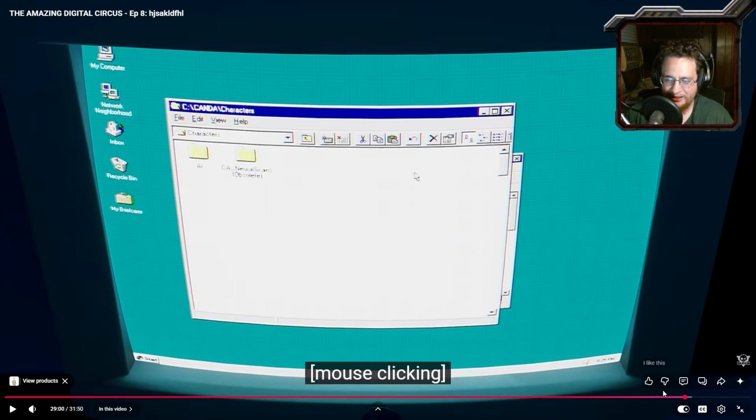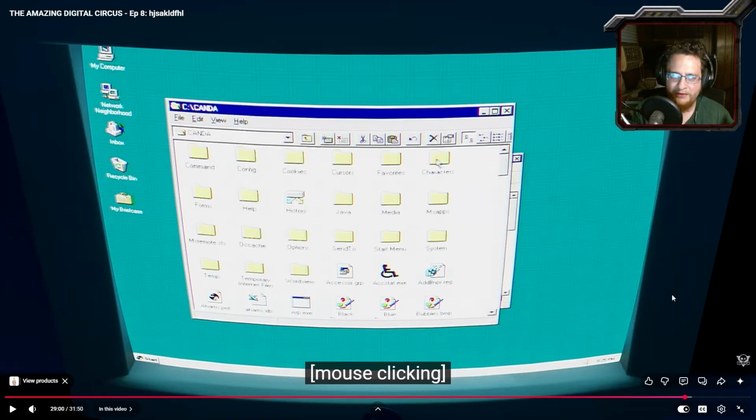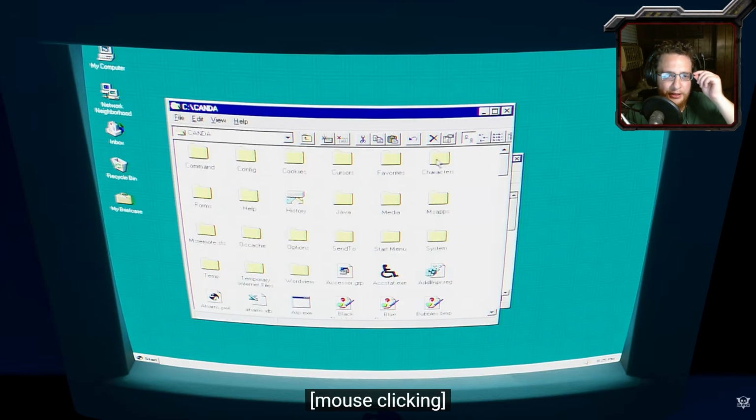Okay, so we're back in here, and I can just go ahead and go back a few frames. You kind of have to look at this frame by frame. But in here, you see the C drive on the thing, Canada. There's just a lot of interesting things here. So you have CNA, right? And you have Canada right there.